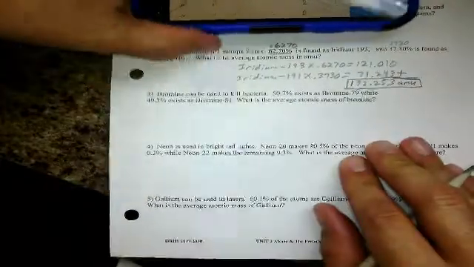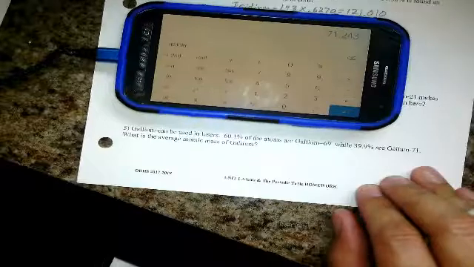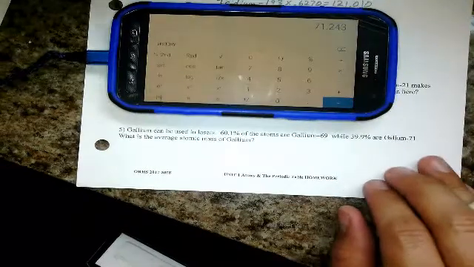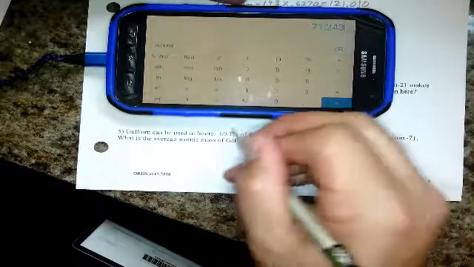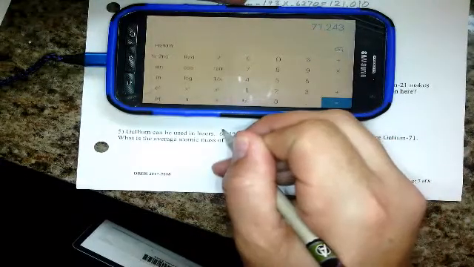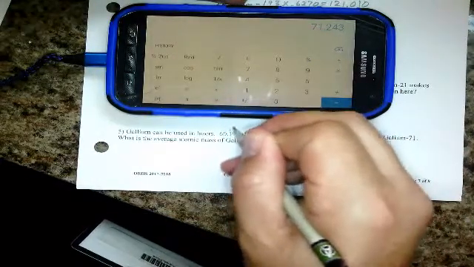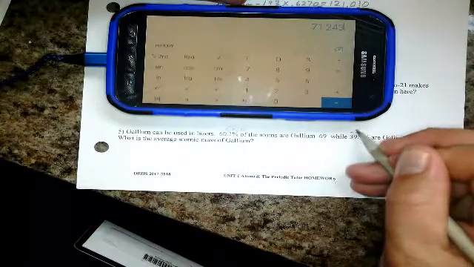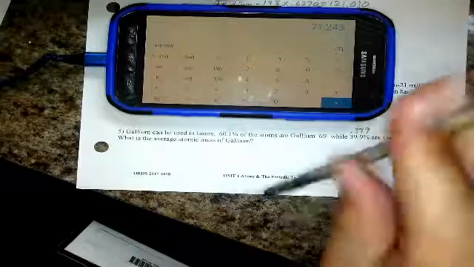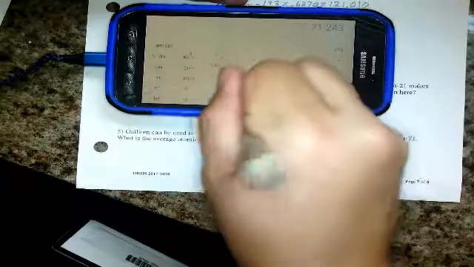Let's do another one. Let's go down here. Oh, let's do number 5. We're going to talk about some gallium. Gallium is an interesting element because, put it in the palm of your hand, it goes to a liquid, but it's usually at room temperature a solid. Okay, remember, move your decimal 2 places to the left. Same thing here. Okay, only need 3 decimals.